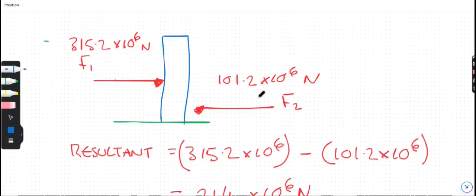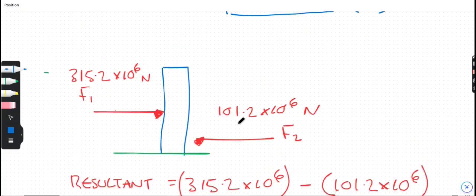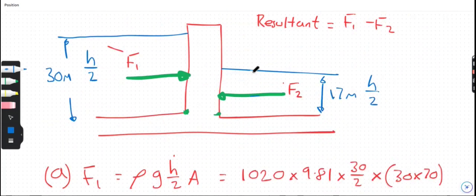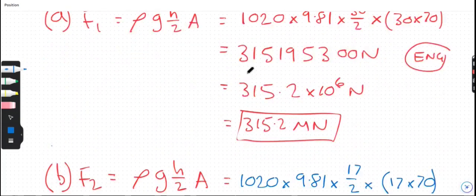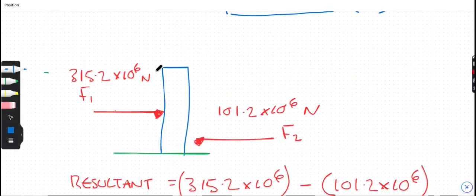And this force here is going to be going anti-clockwise, isn't it? Because the F1 one's going that way around the pivot point, that's going clockwise. This one's got to go the other way to counteract it. That's got to go anti-clockwise.